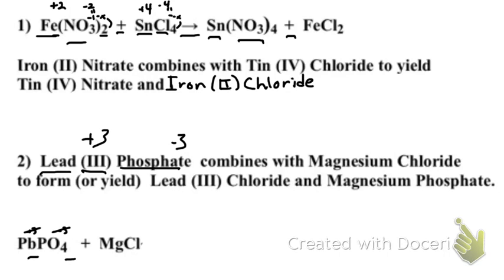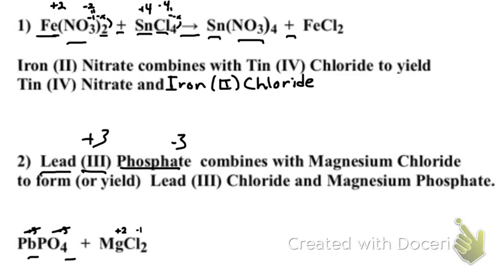But here, if you look, magnesium is in family number 2. It's an alkaline earth metal. Because it's in family number 2, its charge is +2. And chlorine is a halogen, so its charge is -1. So how many chlorines do we need in order to cancel out the positive charge of magnesium? We need 2. So magnesium chloride is actually MgCl2. Hopefully you guys remember that from your naming rules.